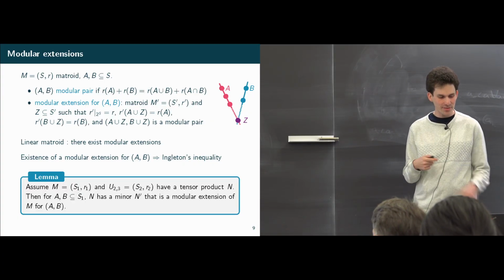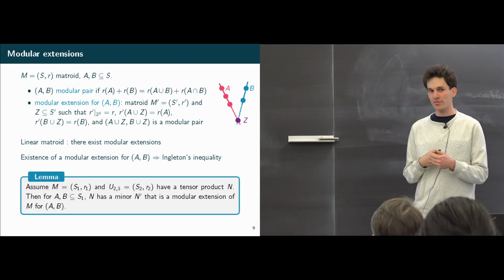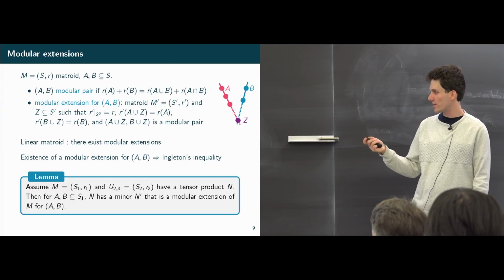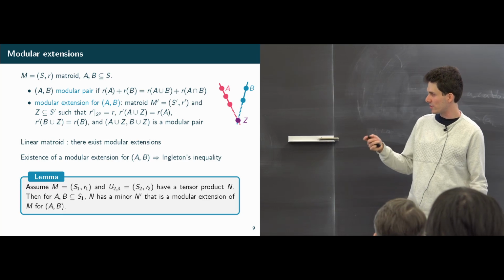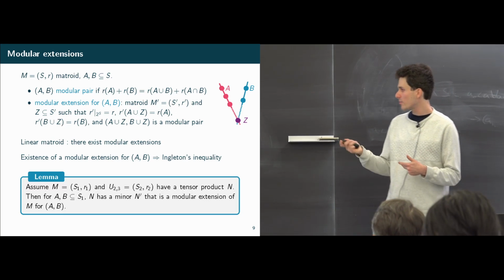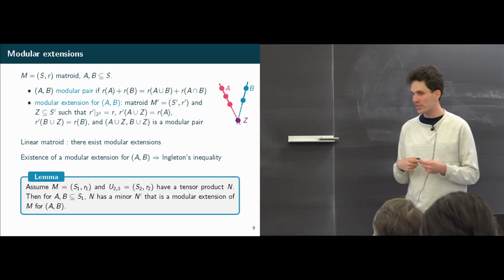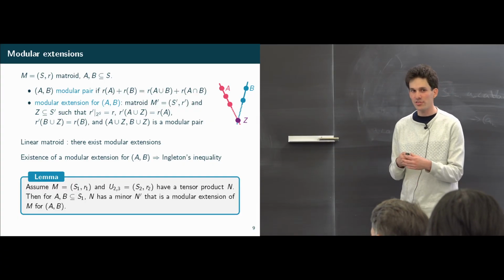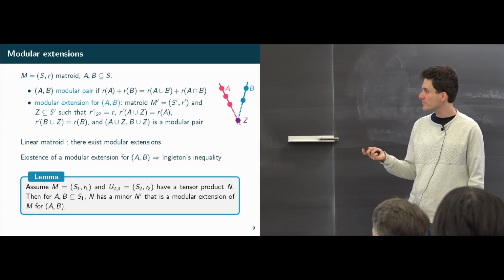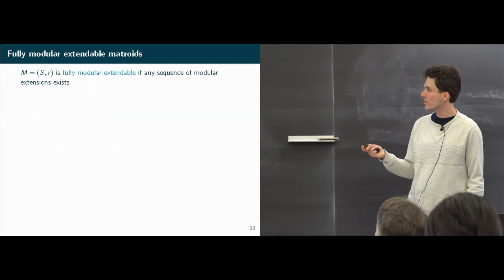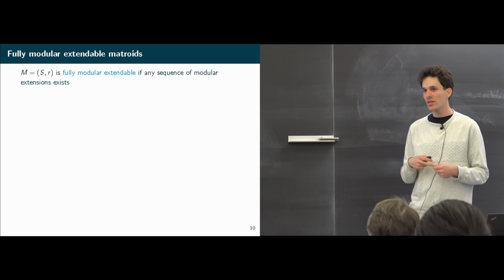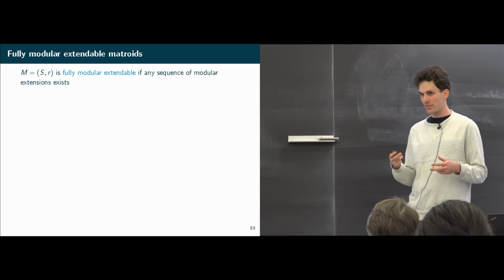So our lemma is that if we have a tensor product with U2 then for any two sets, we can find some modular extension with respect to these two sets inside the tensor product. More precisely, we have some minor of the tensor product, which is a modular extension with this definition. And we call a matrix fully modular extendable if we also have any sequence of these extensions.